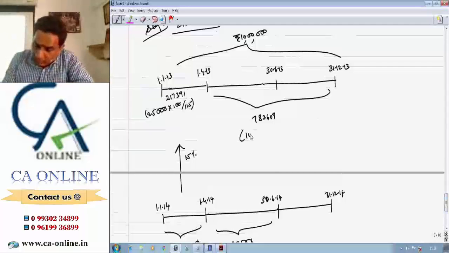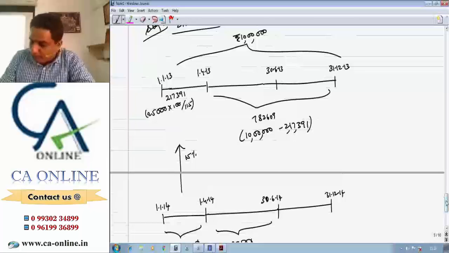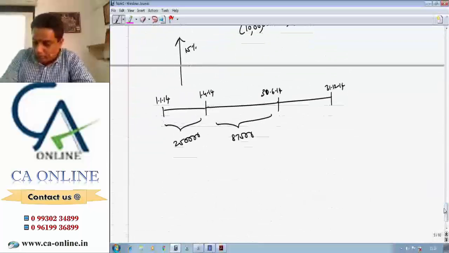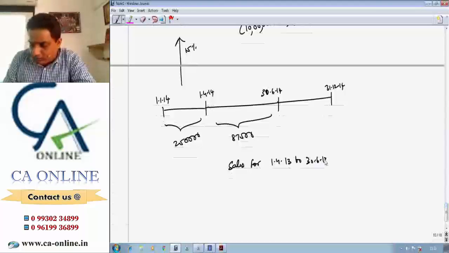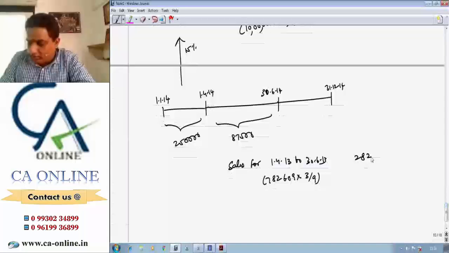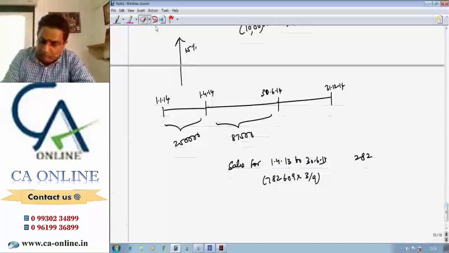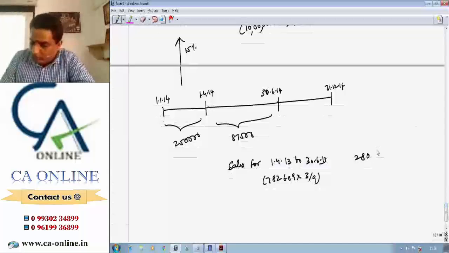So this is nothing but 10 lakhs minus 2,17,391, which is 7,82,609. Sales for 1/4/13 to 30/6/13: 7,82,609 into 3 by 9, 2,60,870.